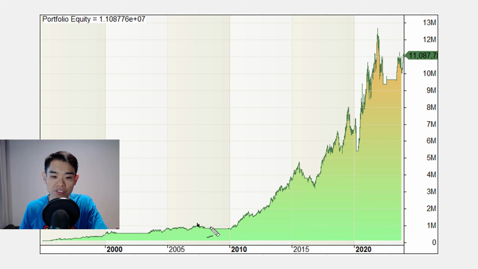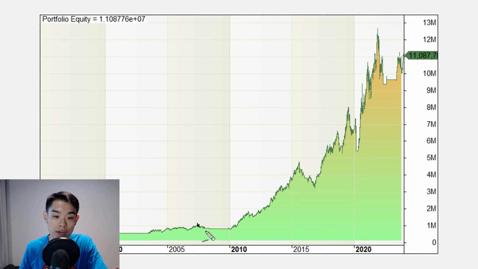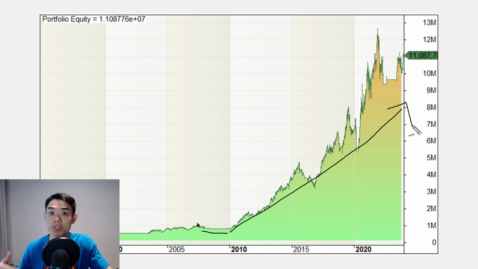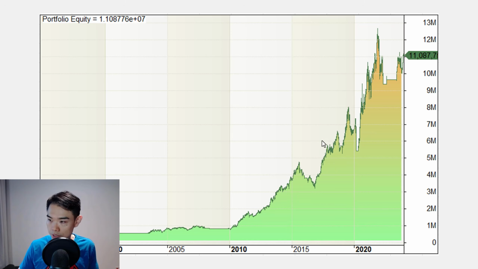If you give up and are not able to ride out the drawdown over here, you miss out on this exponential profit in the later years. And this will be the same for every trading system. You're going to face a drawdown. If you hop from system to system, there's no way you can be a consistently profitable trader. So you have to embrace the losses.